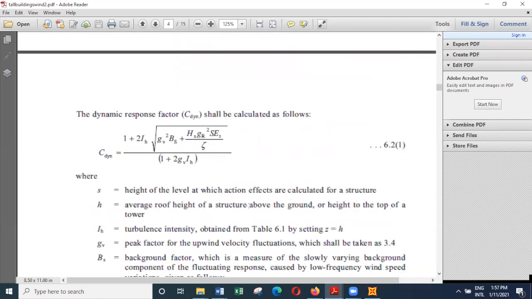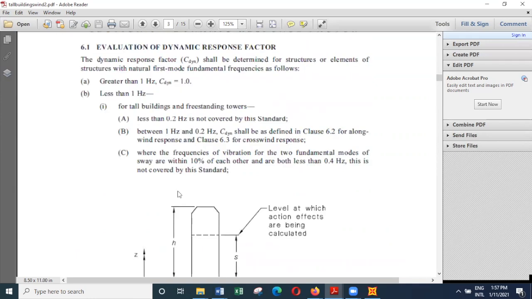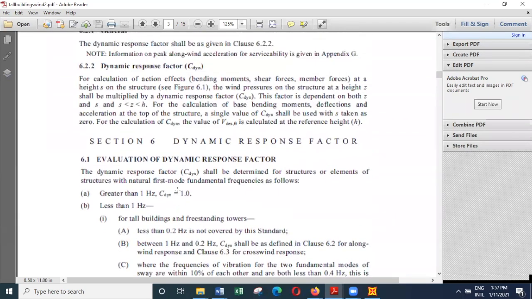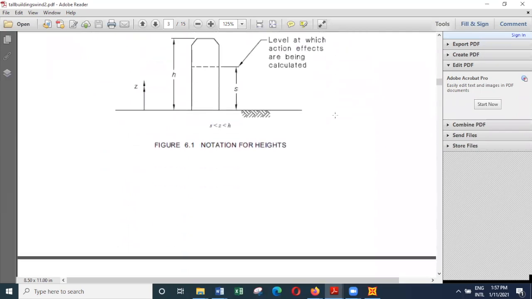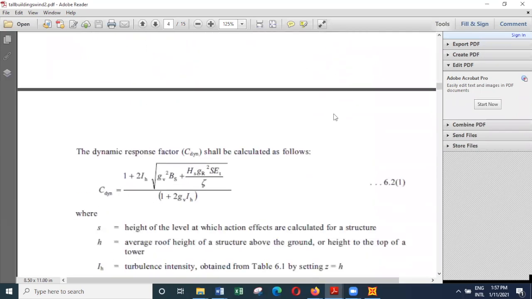When you are calculating the C dynamic value, S is considered as 0, which means we are calculating with respect to the ground level.